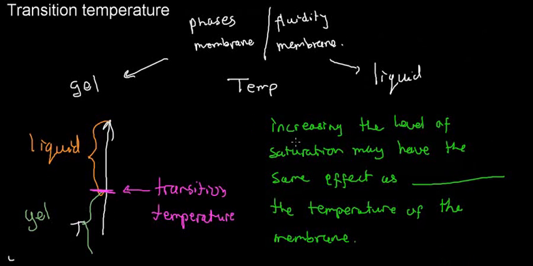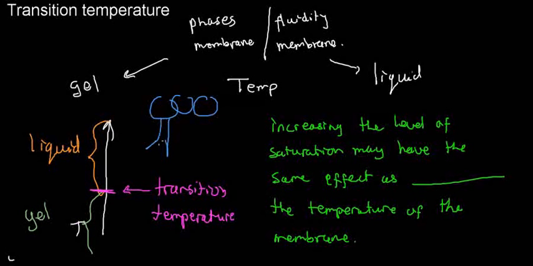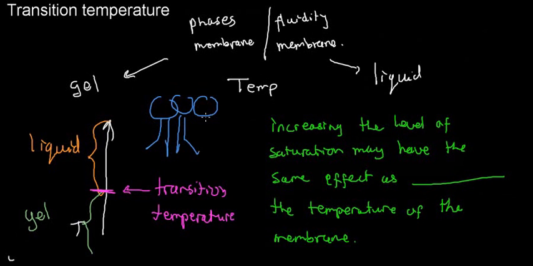Very good. So what I'm going to do here is, first of all, I'm going to look into what do I mean by increasing the level of saturation. Well, let's just say this is my molecule, and those molecules all have one kink here. This guy has one kink this way.